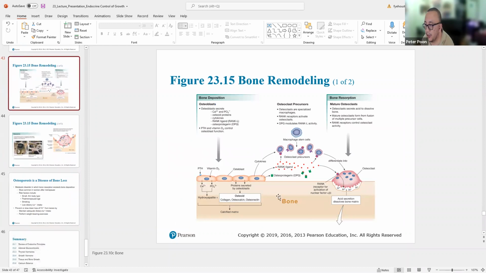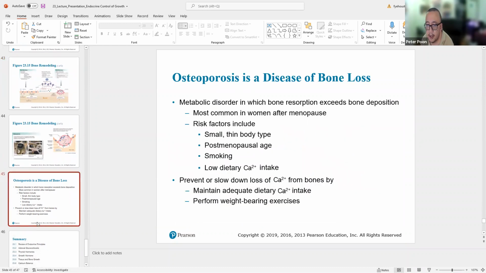Bone remodeling, you should know the anatomy already. Osteoporosis is a metabolic disorder in which bone reabsorption exceeds bone deposition. It's most common in women after menopause, because women after menopause stop making estrogen.